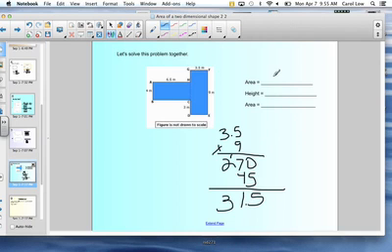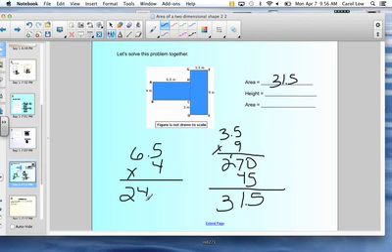31.5. I don't know what I was thinking when I wrote down this height thing. And this other one would be 4 meters times 6.5, because this is the height and the width. So 6.5 times 4, multiply it, 24 with 1 0, and then 20.